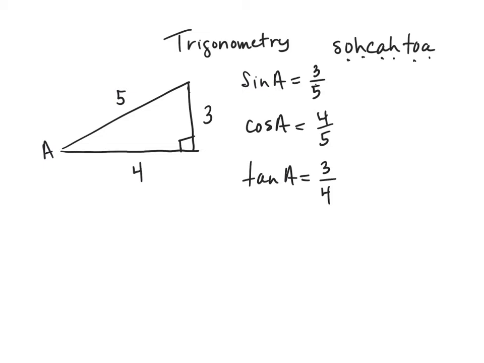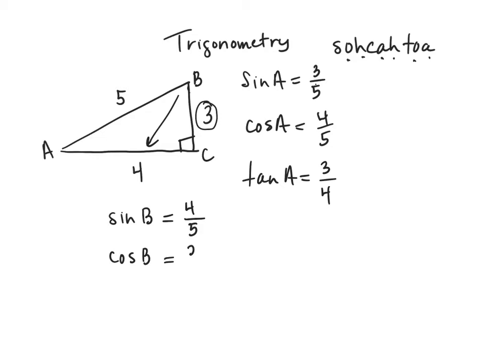Now, my angle A here is my point of reference, but I can change all that. I can go up here and use an angle B. So if I asked you for the sine of angle B, well, sine is opposite over hypotenuse. The opposite side of angle B is 4, and the hypotenuse is still 5. The cosine of angle B, the side next to angle B that's not the hypotenuse is the 3.